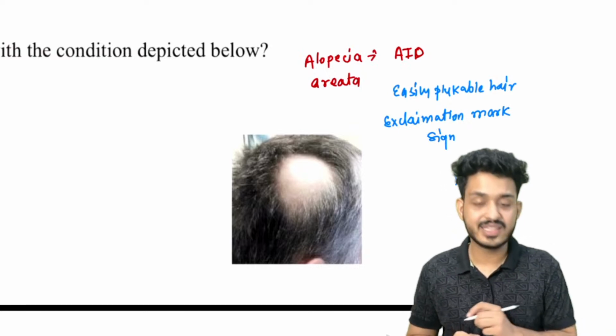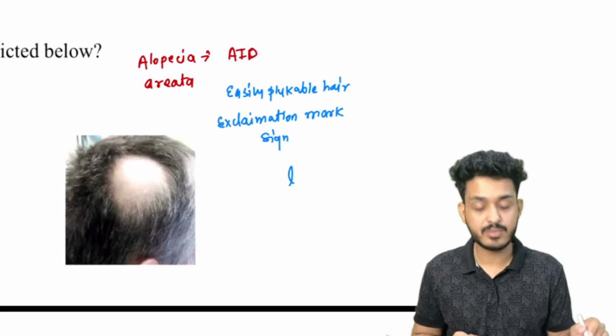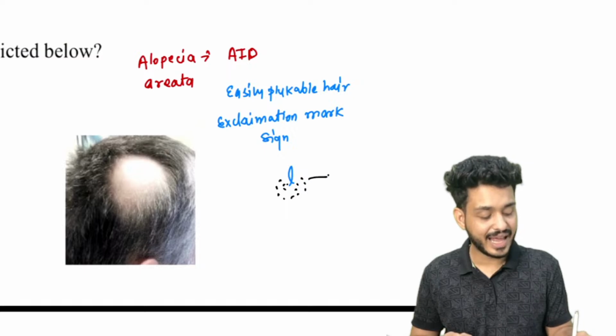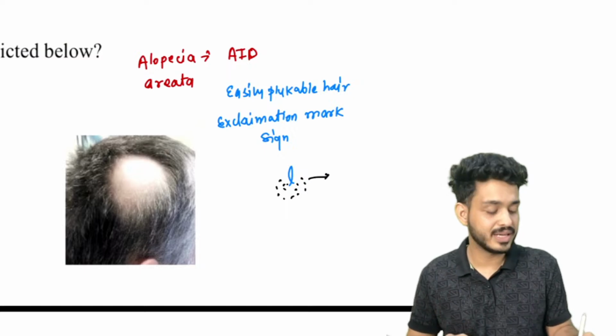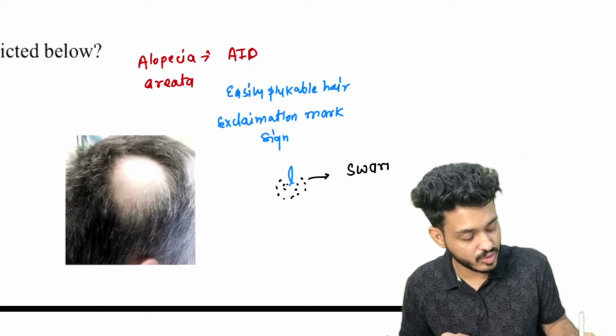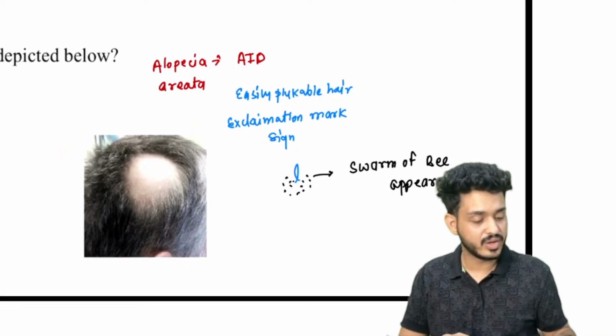Around that exclamation mark sign, you will be having some perifollicular hemorrhages, and that gives a specific appearance. What is this appearance known as? These are all exam questions, guys. Swarm of bees appearance. That is due to perifollicular hemorrhages.